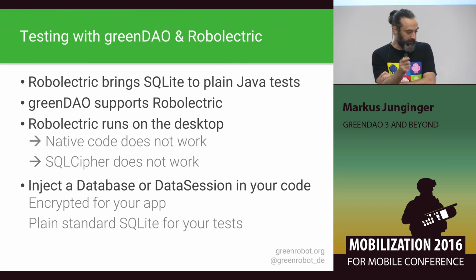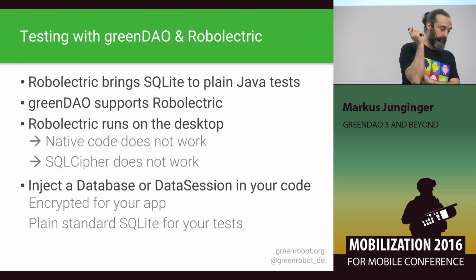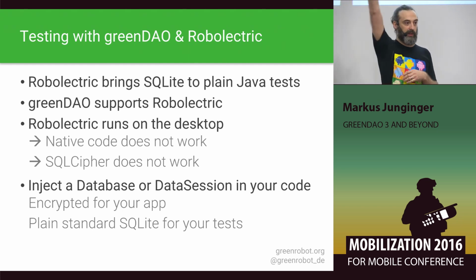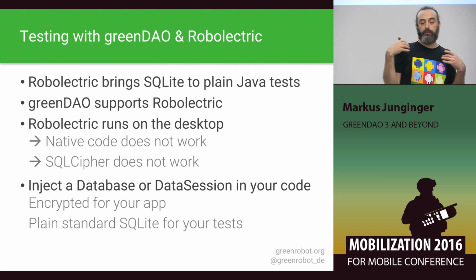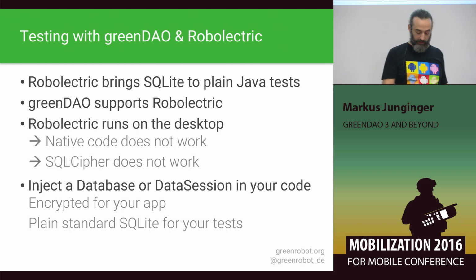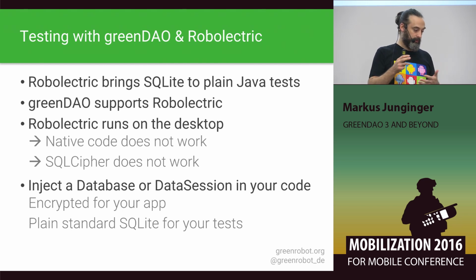Let's talk about testing a little bit. So Robolectric, who knows Robolectric? Hands up. Oh, okay, pretty much. So this also brings database testing to plain JUnit tests. This is also supported by Robolectric. We had to do some fixes because they were doing something wrong in Robolectric, but it's working.